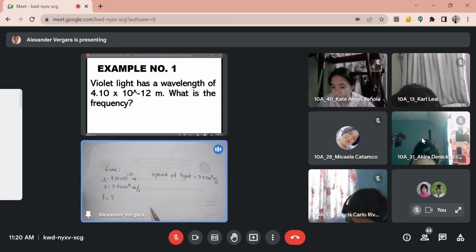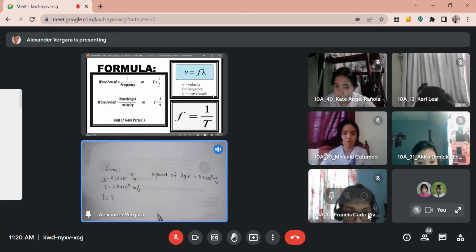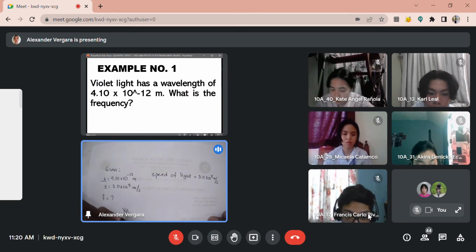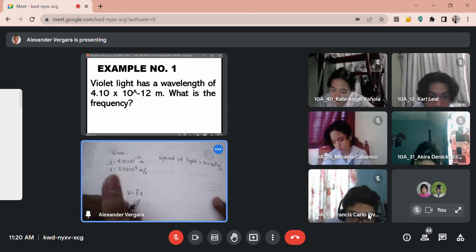So what formula will we use? Based on the given problem here, isn't it this formula we will use? So v is equivalent to f times lambda. But you need to derive this formula.